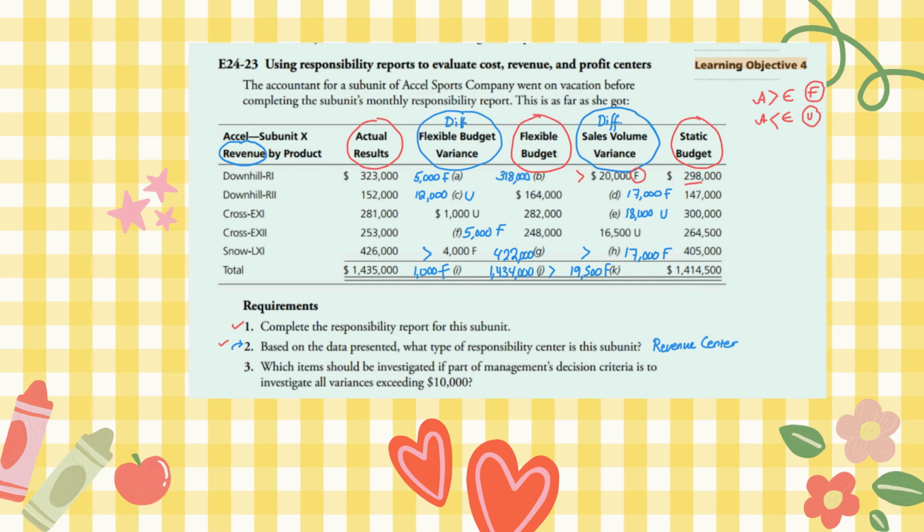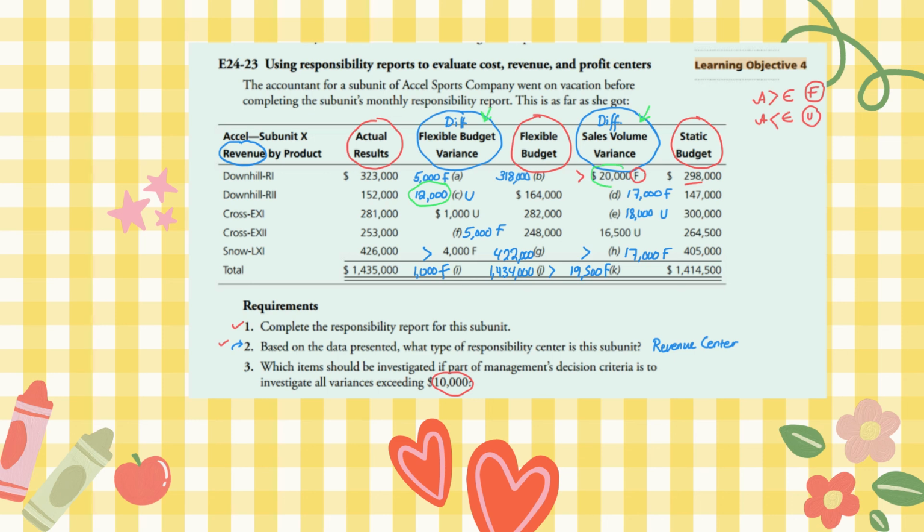Requirement number 3, which items should be investigated if part of management decision criteria is to investigate all variances exceeding 10,000. So let's look at the variances. We're going to look at this column and at this column. Here we have 12,000 unfavorable.